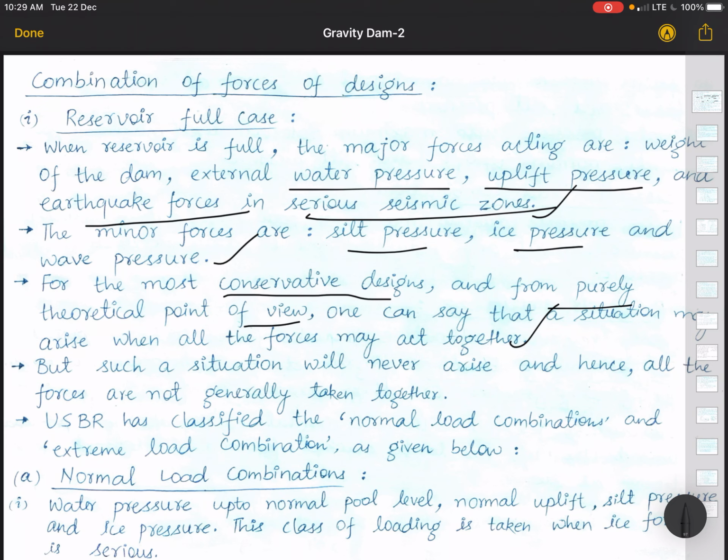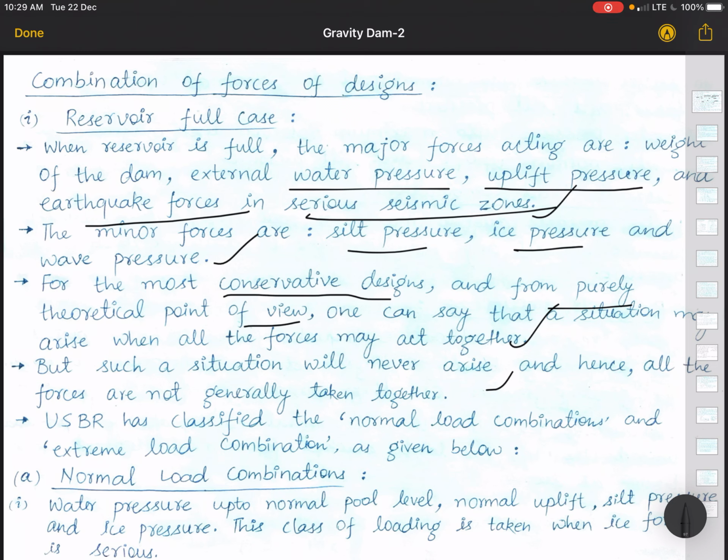If we consider all the forces to act together, the stresses will be very high, we have to use a lot of material, and it will be a very costly design. But at the same time, it will be safe in any case, because we have taken the most severe combination of forces. But such a situation will never arise, and hence all the forces are not generally taken together.